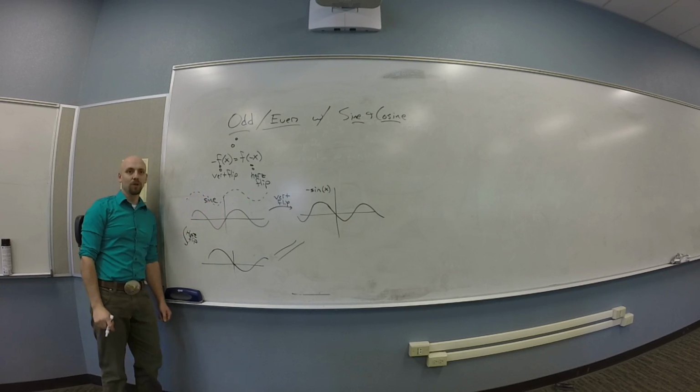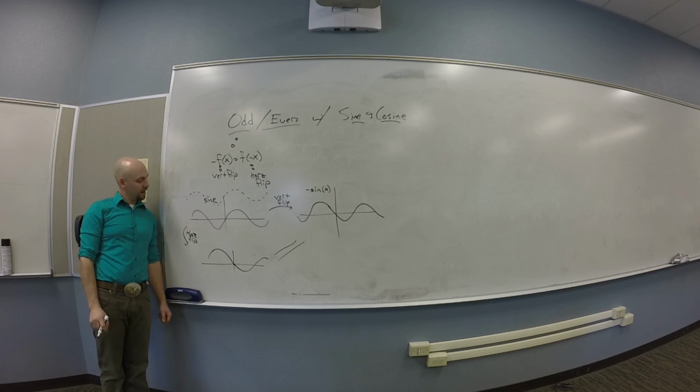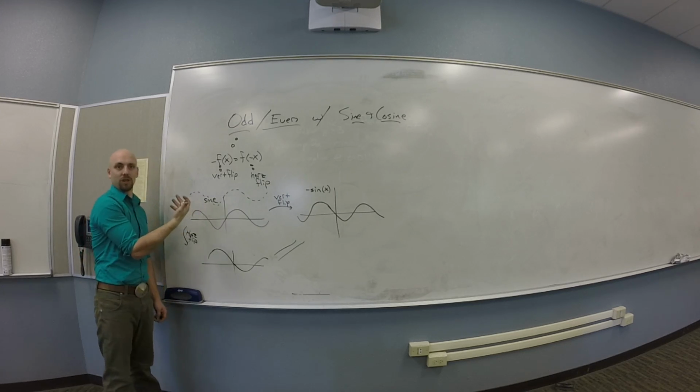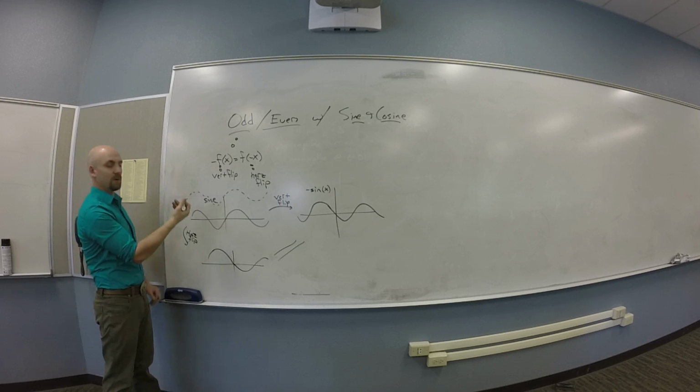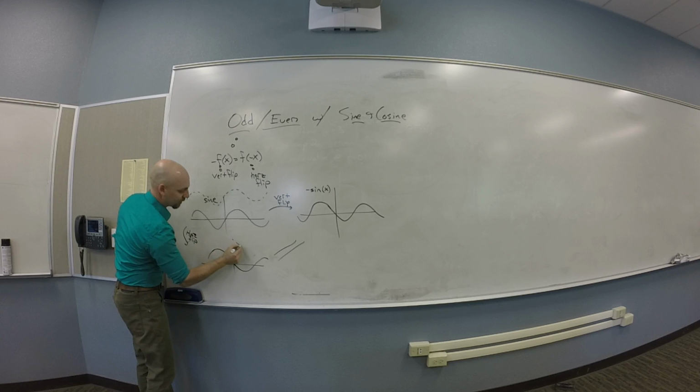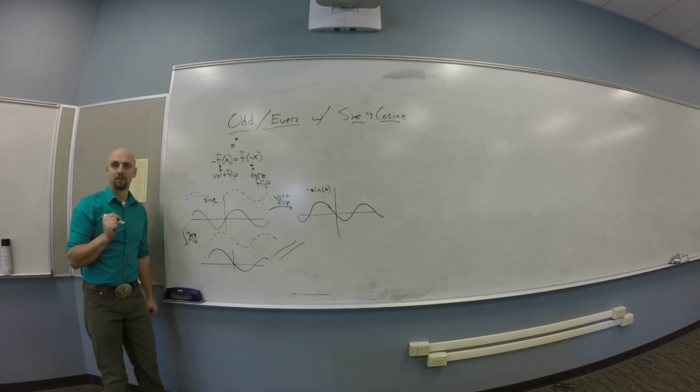So here's a sine plus something in dots. If I did a horizontal flip of that, what's it going to look like? It's going to be the same height, but it's going to go down instead of up. So I'm going to get something that looks like this. You guys with that?